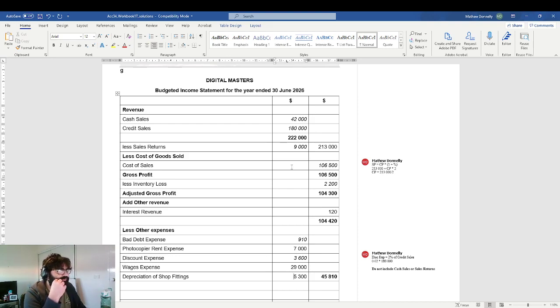So we got 5% higher sales. Let's start with the cash. Let's start with the credit. So two ways of doing this, and I'll use the 42,000 to start. So 5% sales could be 42,000 multiplied by 0.05 gives us a 2,100 increase, which when we re-add the amount in is 44,100.